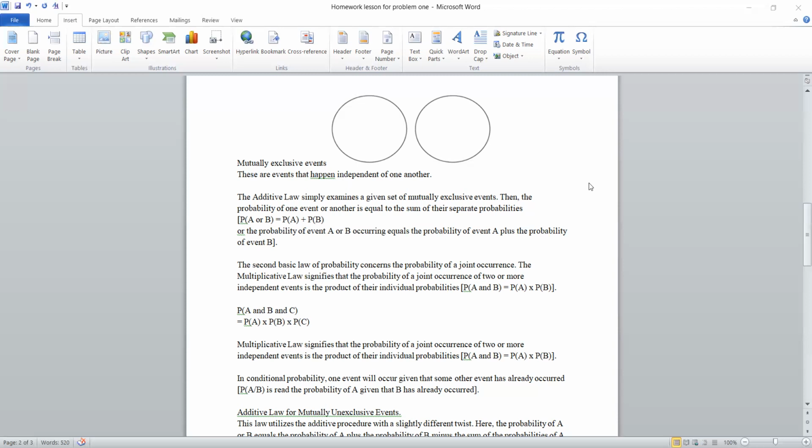All right. Now, the additive law is just a set of mutually exclusive events, and we're doing the probability of one event or another event. So it's a probability that I get heads or tails. Okay.